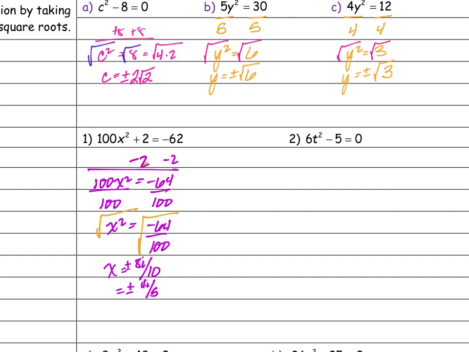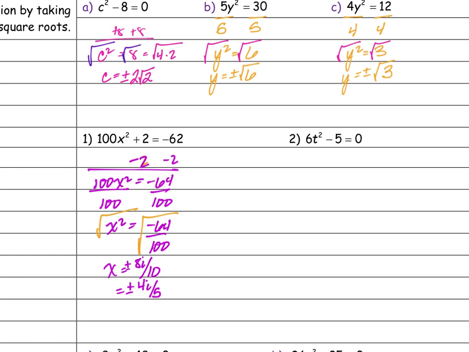That's a really ugly 4. Let me try it one last time. 4i divided by 5. There we go. That looks better. I don't know why I kept writing a t for an i. Whew, that was rough.